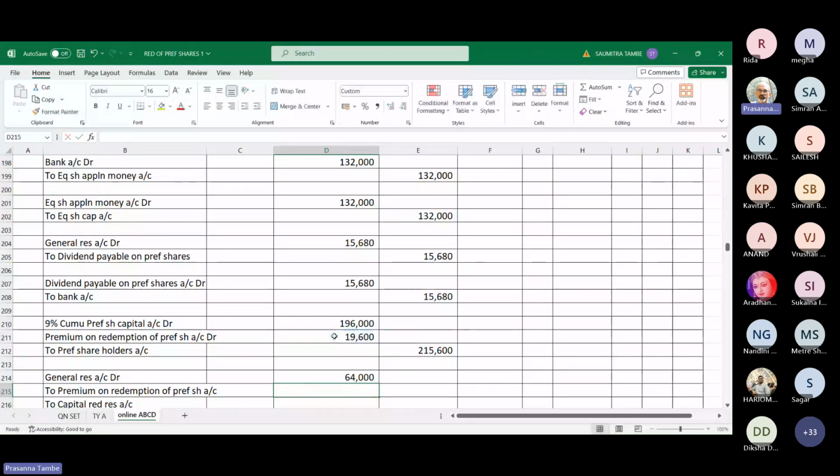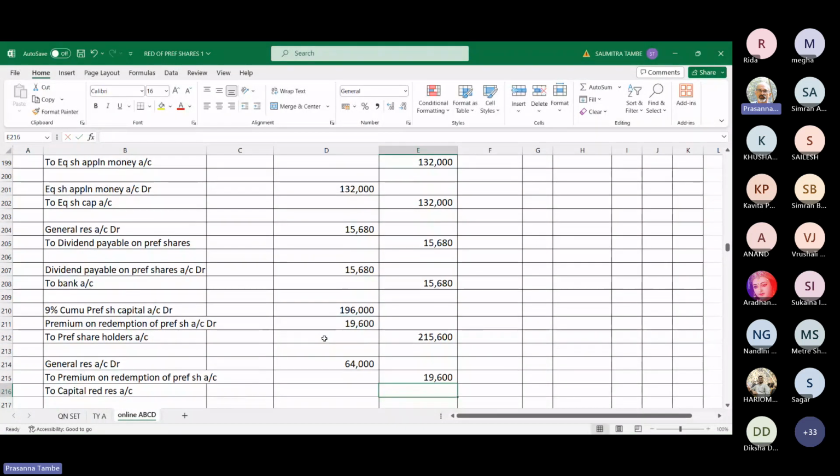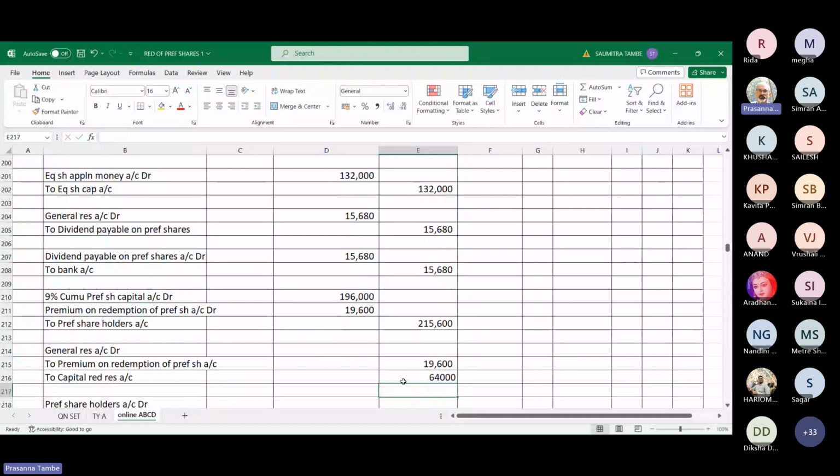Sorry, one second, this will not be 64, this will be 64,000. CRR will be 64,000. And GR we have to debit for the total of these two. So general reserve account debit will be premium plus CRR. So we'll debit general reserve to the extent of 83,600. Out of that, 19,600 is for premium and 64,000 is for CRR.